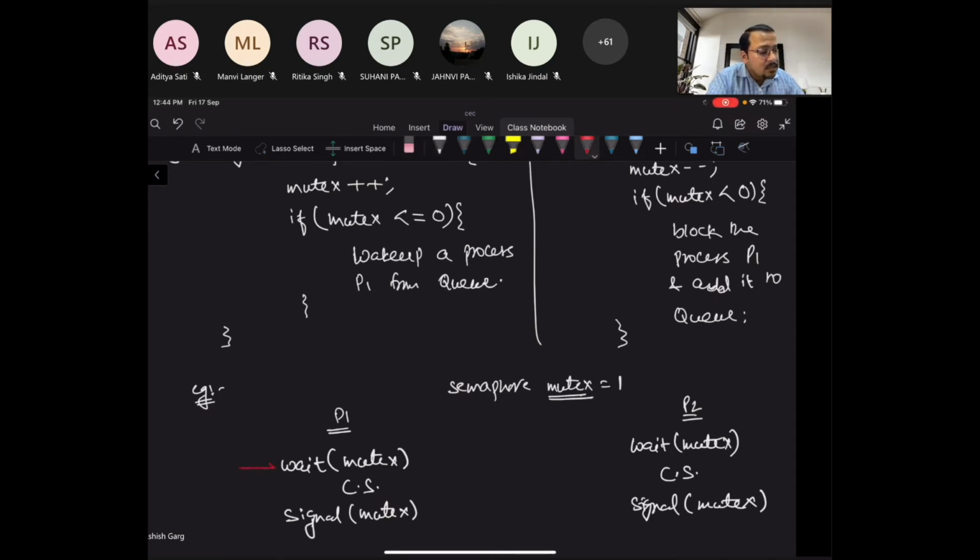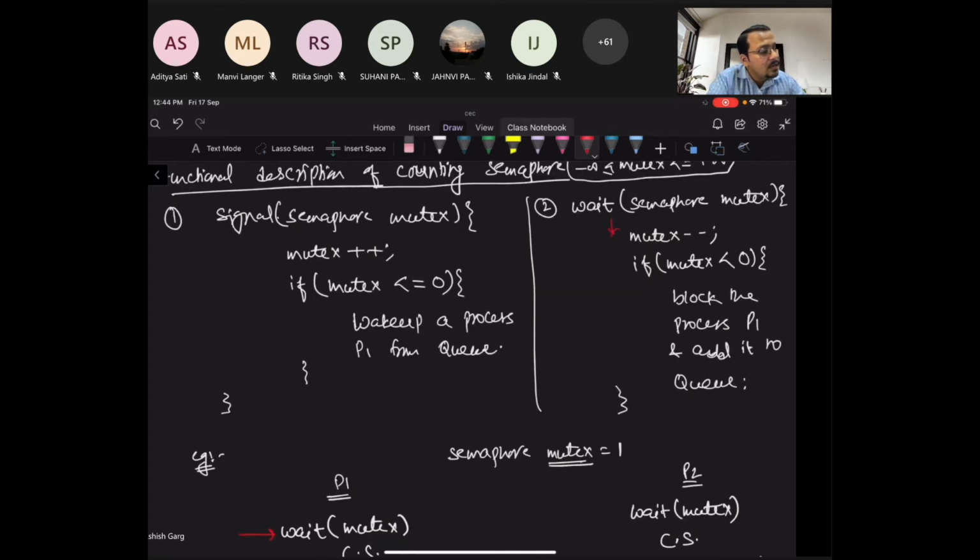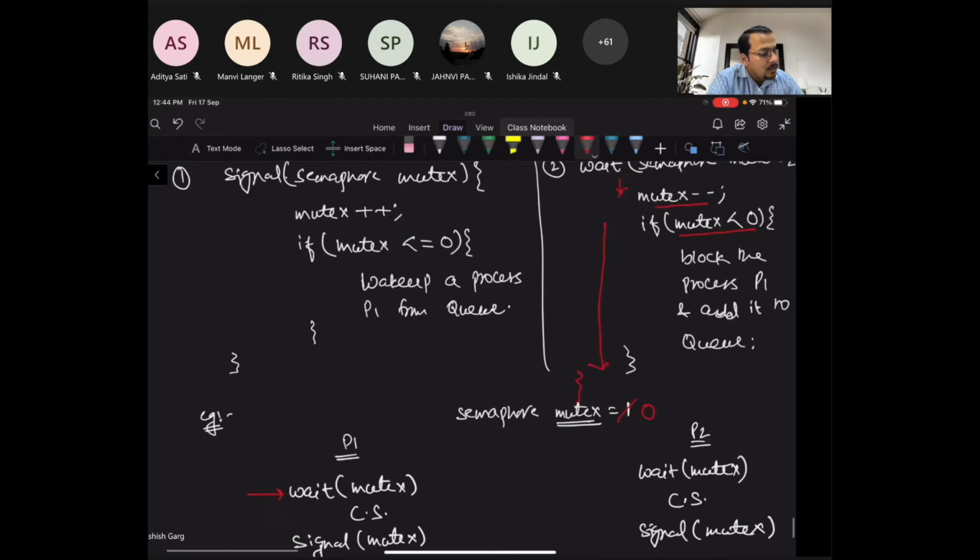Let's say this statement runs first, wait mutex. Whenever it goes inside, it will decrement the value of mutex first. So 1 will become 0. If mutex is less than 0? No, it is equal to 0. So the condition is false, it will not go inside the if, and it will come out and go to the next statement.